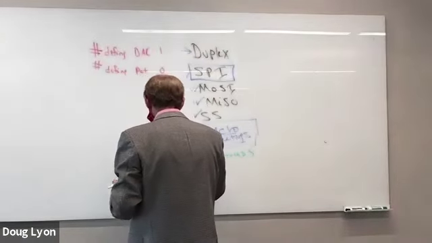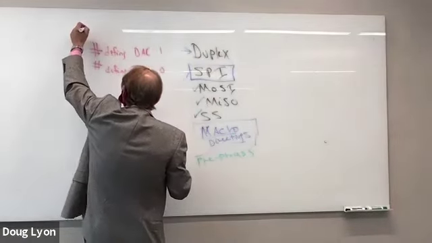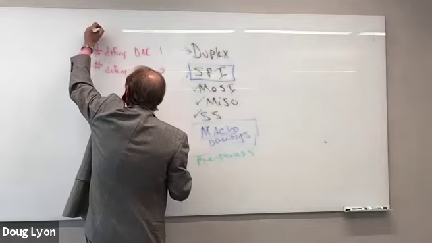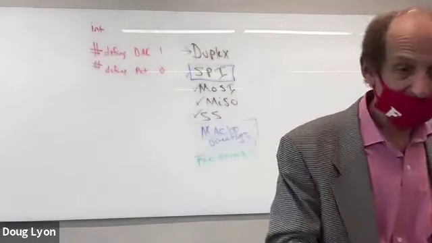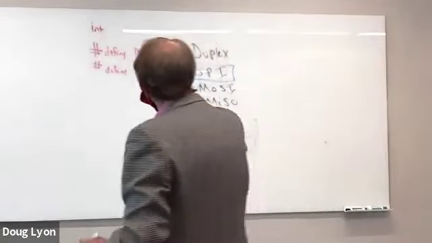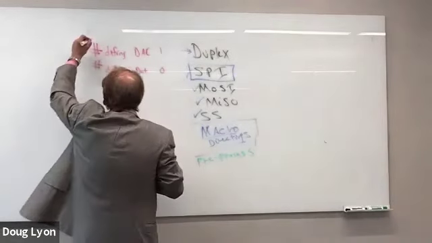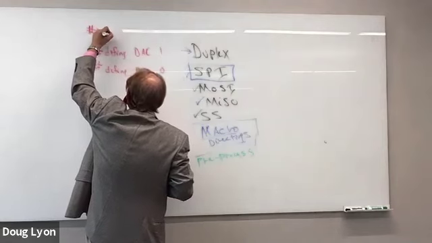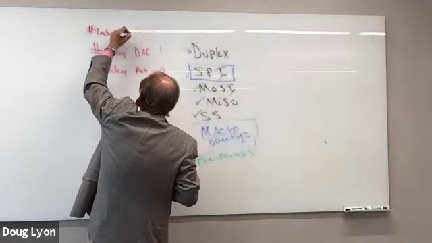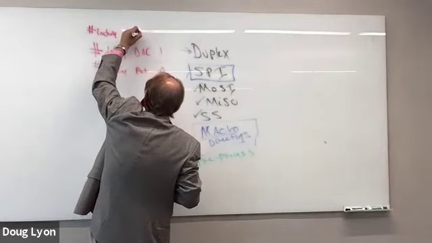Here's what you might have done when you had include. I'm writing it too high. Just a minute. Pound include, angle bracket, DAC.h.